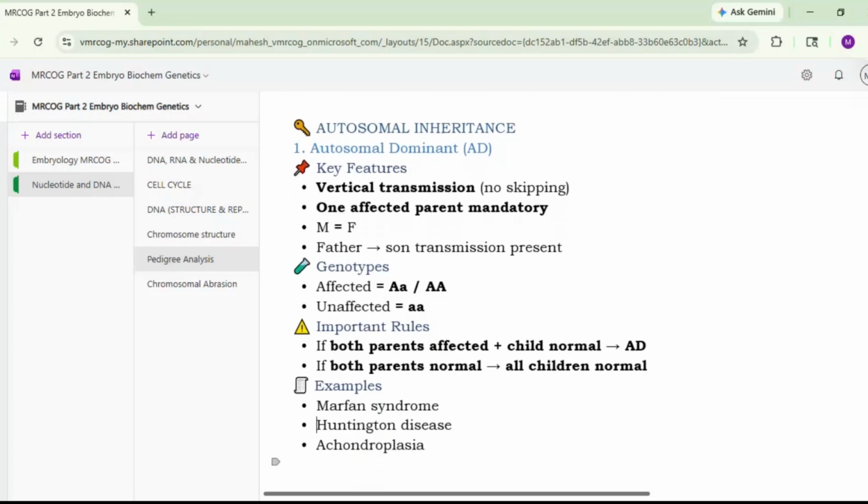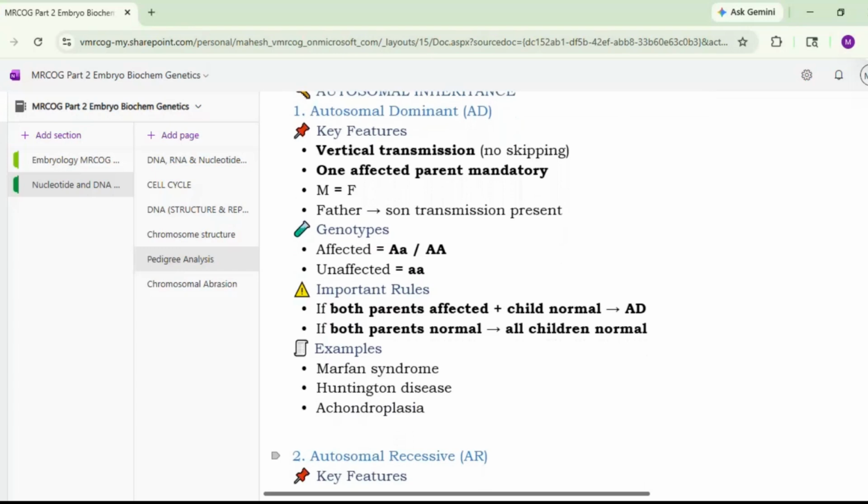Okay. Important rules: if both parents are affected and the child is normal, it is autosomal dominant. If both parents are normal, all children will be normal. Okay. Then examples are Marfan syndrome, Huntington's disease, or achondroplasia.